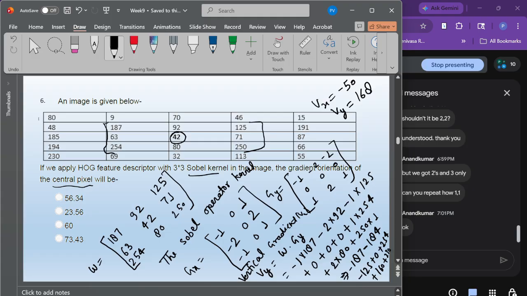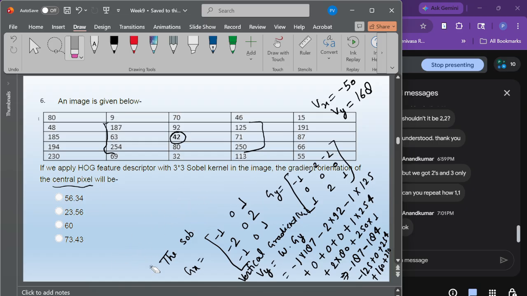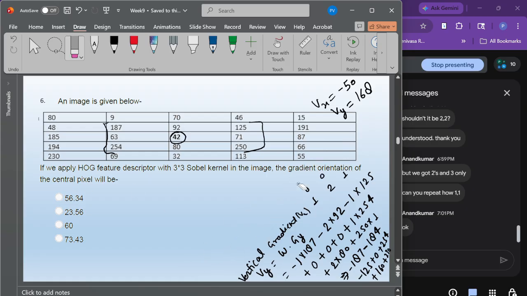Okay. So how we can calculate the orientation of the central pixel? Orientation or angle, it is the same.